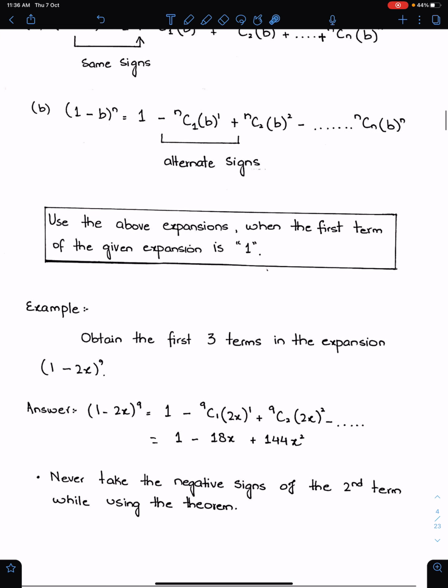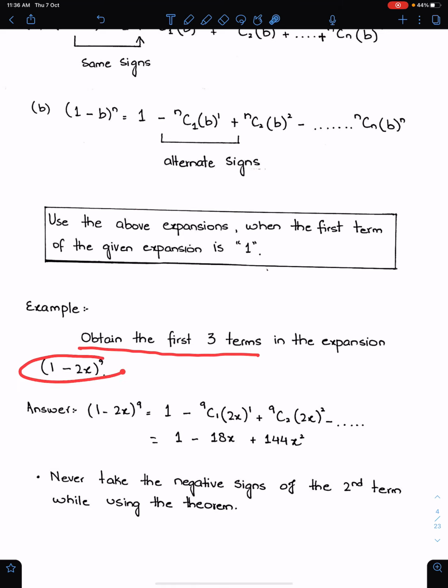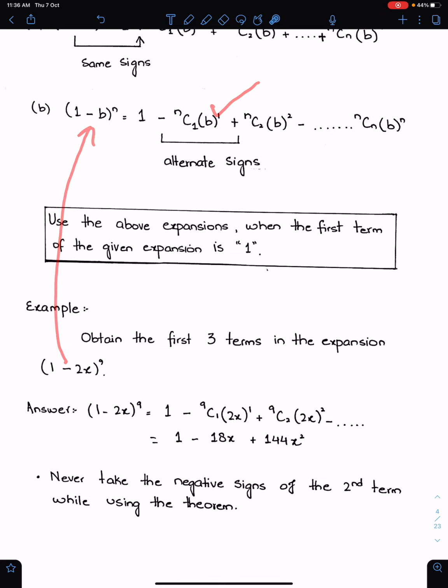Example. Obtain the first 3 terms in the expansion of (1 − 2x)^9. Since this is similar to this, therefore I will use this theorem to expand this expansion. So (1 − 2x)^9 can be expanded in this way: 1 according to this theorem, then sign is negative because this sign is negative, so signs are alternate, plus minus and so on.